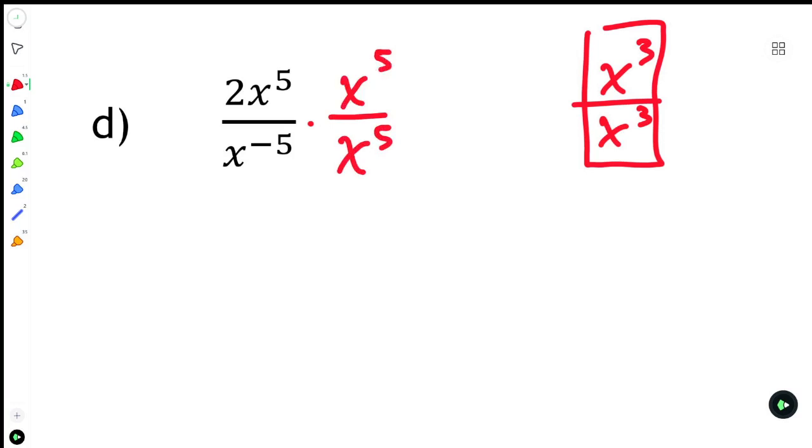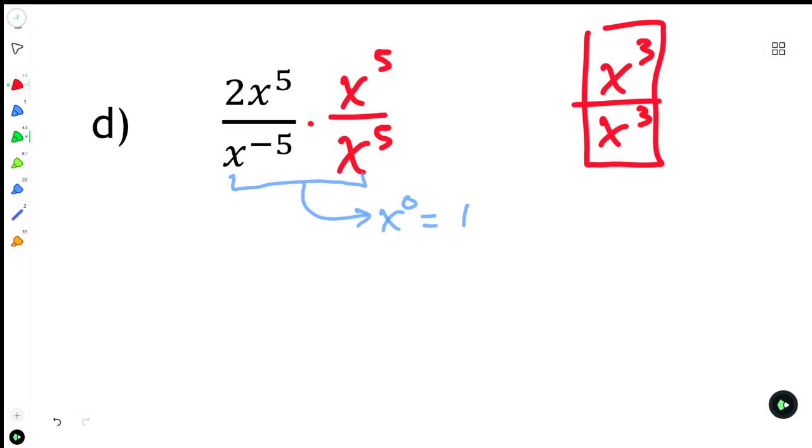The reason I'm picking x to the positive 5 power is I understand if I multiply x to the negative 5th times x to the positive 5th, that is x to the 0 power, which just equals 1. So what I was able to do is turn this denominator into just the number 1. The reason I can get away with this is I'm multiplying by x to the 5th over x to the 5th, which is 1. So I'm not changing the value of this expression. I'm just changing its format.